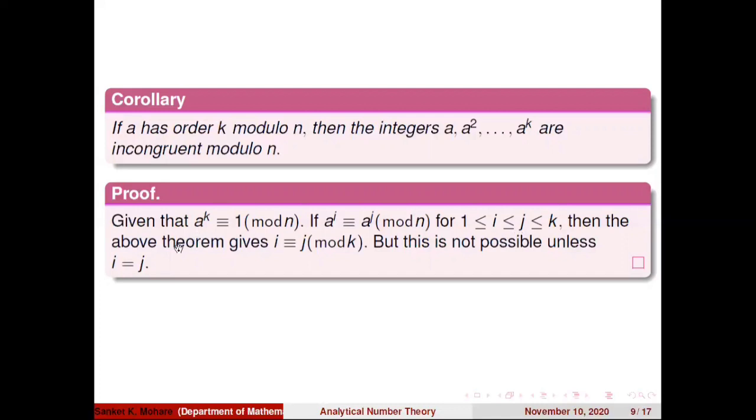Then by the previous theorem, i is congruent to j modulo k, but this is not true in general. This happens only when i equals j. So that's why all the powers a up to a to the power k are incongruent, meaning they are not congruent to each other modulo n. This proves the corollary.